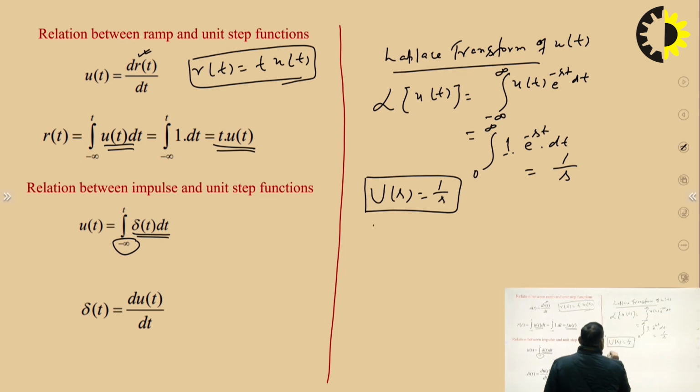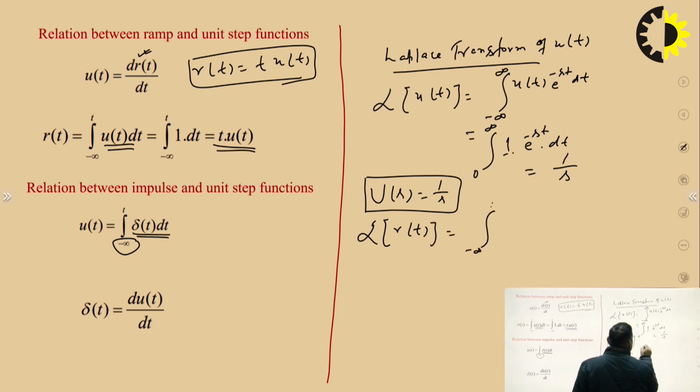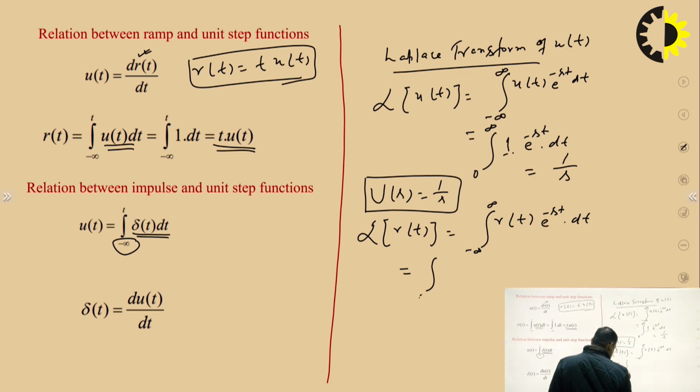Take the Laplace transform of your rt. Again, minus infinite to plus infinite rt e to power minus st dt. This rt is defined for t greater than 0, so its integration becomes 0 to infinity, and rt is equal to t, t e to power minus st dt.